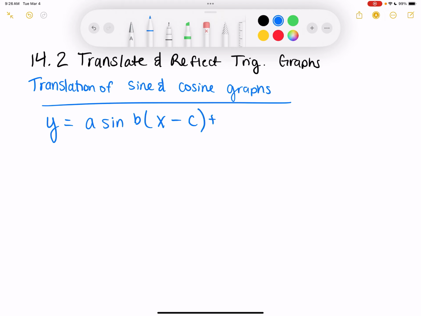I'm going to use those because that's what my notes are in. I don't know what your book uses. It doesn't matter what letters you put there as long as you know what they mean. Or for cosine, y equals a cosine of b times x minus c plus d. This is assuming that a is greater than 0 and b is greater than 0 for both of those.